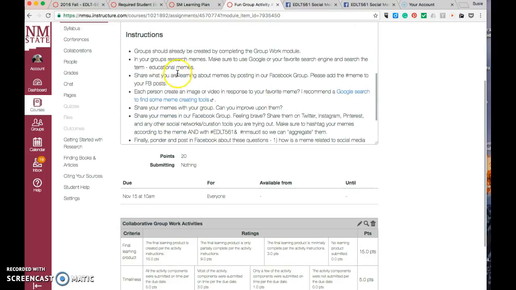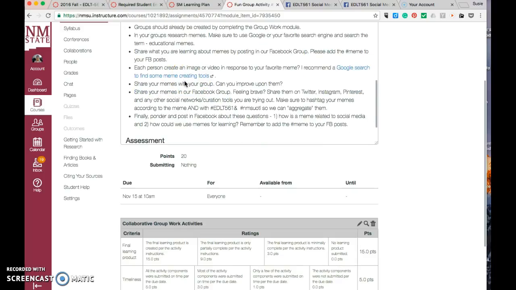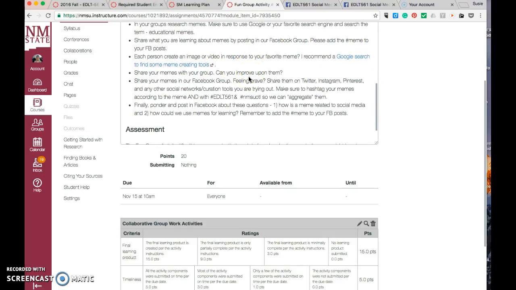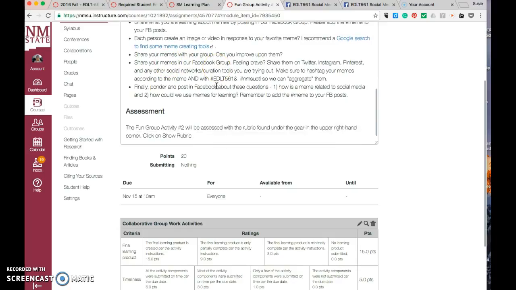So here for memes, you research memes and share what you are learning about memes by posting in our Facebook group. Add the hashtag meme to your Facebook posts. Share your meme with your group, and people have been posting memes. And then provide feedback to your classmates about their memes, something that could improve them.